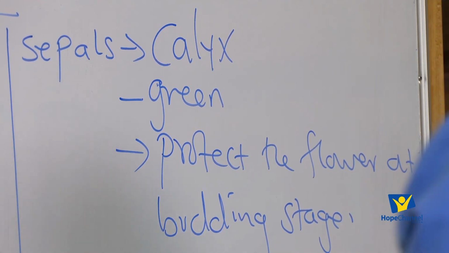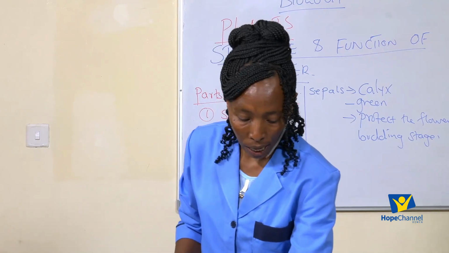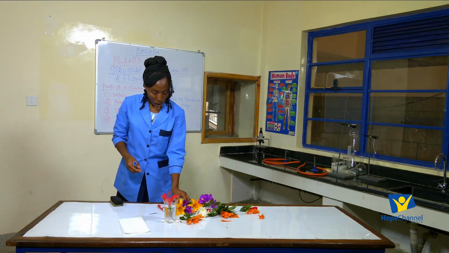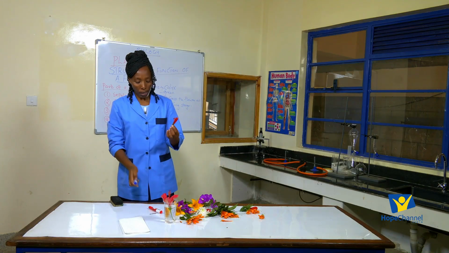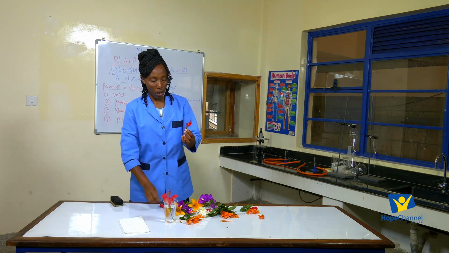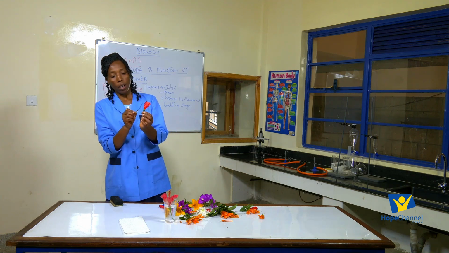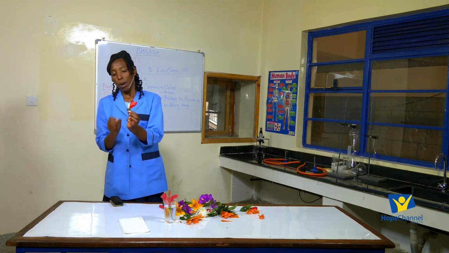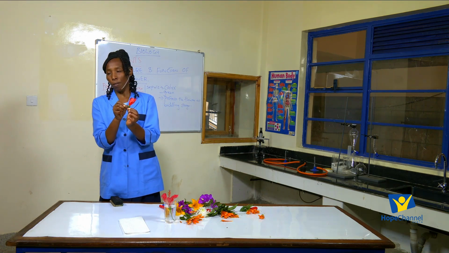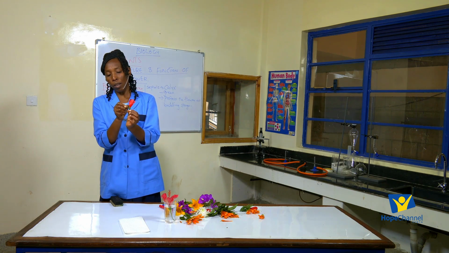Now, you realize that there are flowers that have other special parts, like now this one. This is a flower of hibiscus. If you check on this flower, you can see there is some green part of the flower. Now, this part that is green, this is what we refer to as the what?